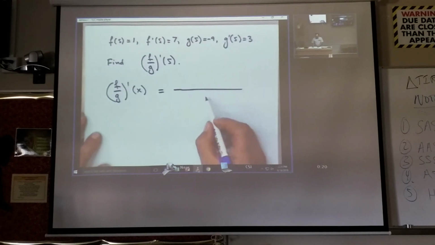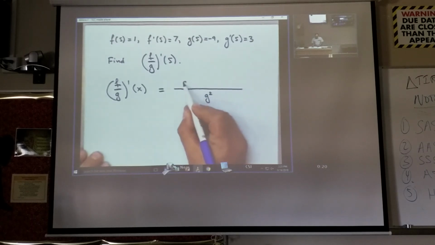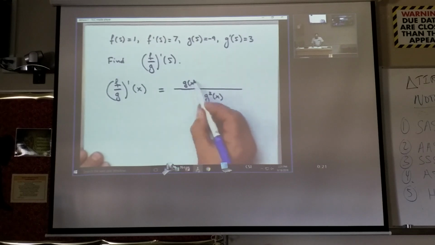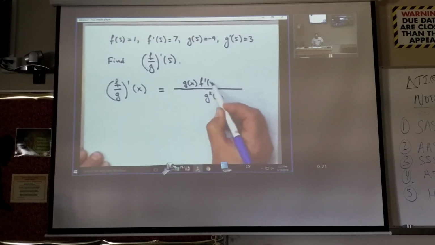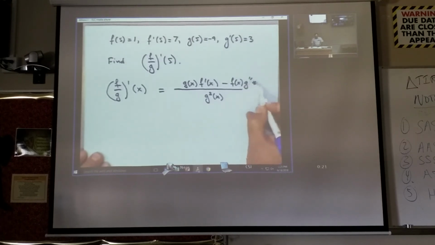The formula, if you remember, says we take the bottom one squared, right? You have to memorize the formula. You don't want to miss any problems on the next exam just because you don't know it. So we have g of x times f prime of x minus, what do you remember? f of x times g prime of x.